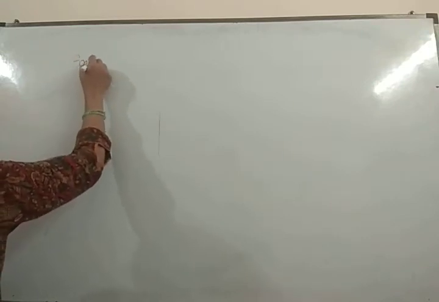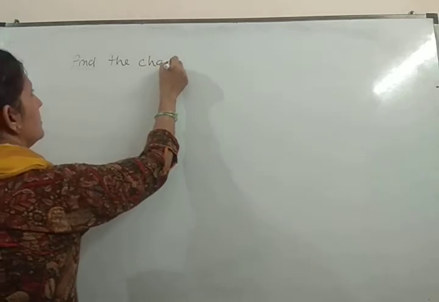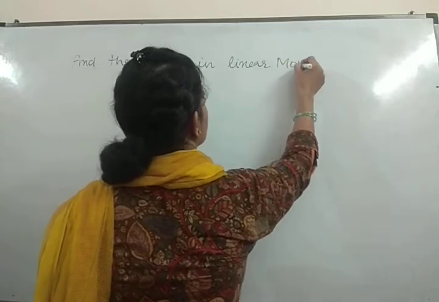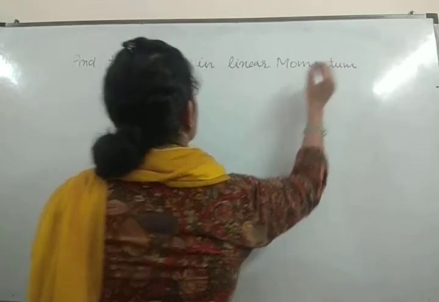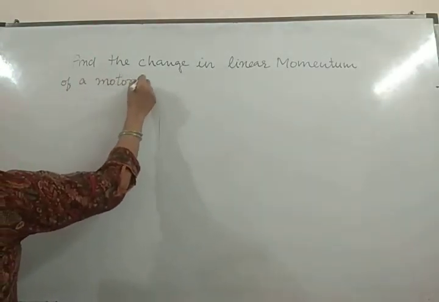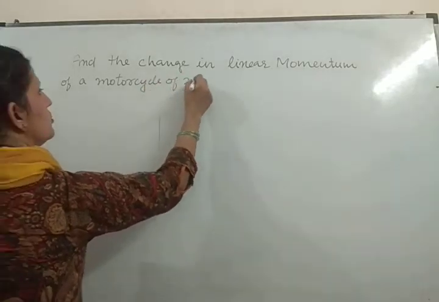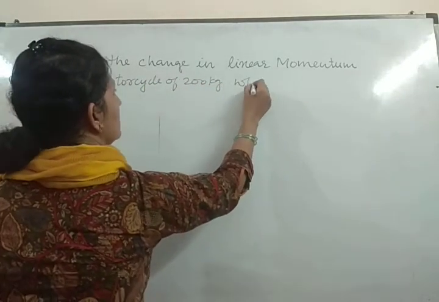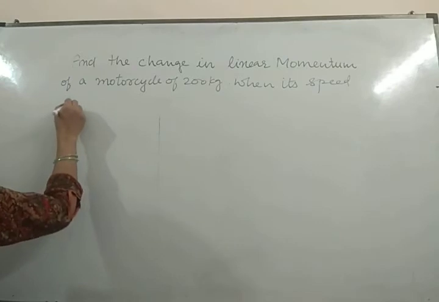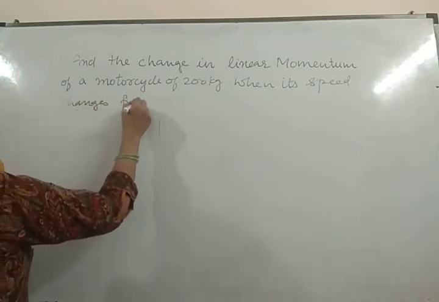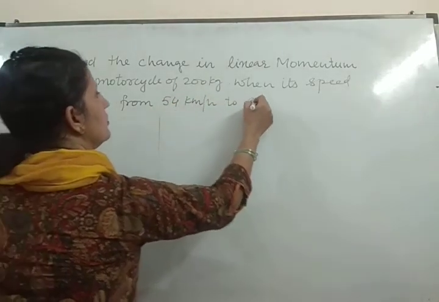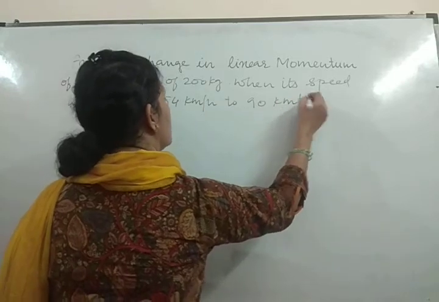Find the change in linear momentum of a motorcycle of 200 kg when its speed changes from 54 km per hour to 90 km per hour.